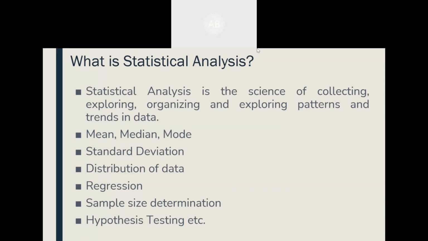So it starts from even collecting the samples. Statistical analysis is collecting, analyzing, and exploring trends in the data, and that data means your sample. And then from that analysis, we draw some inference about the total population of interest.